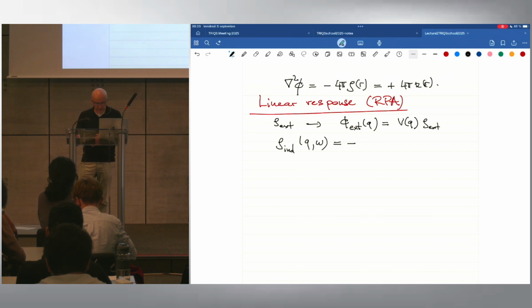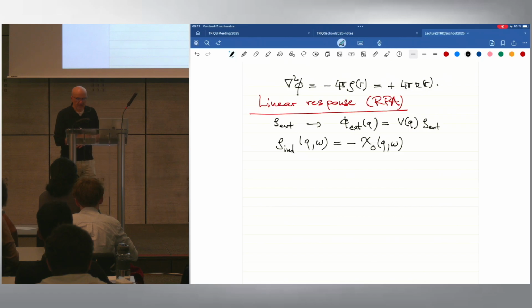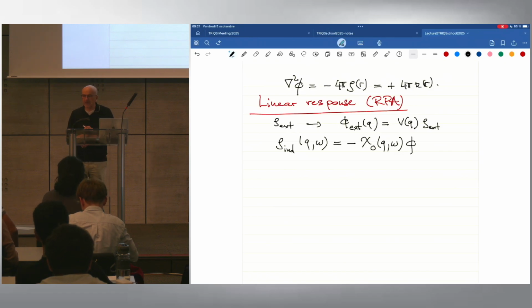So it's going to be given by minus chi naught, which is the famous Lindhard function that Hugo introduced in his lectures. Chi naught is the density-density correlator, okay, times the electrostatic potential, but of course, the induced charge density reacts to the total electrostatic potential. So here I should say phi total of q and omega.